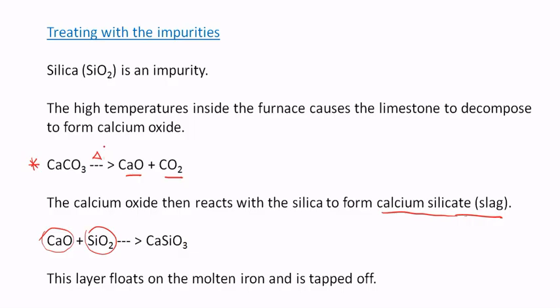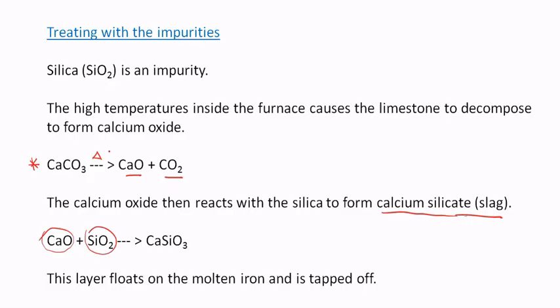So, just to summarize, the position in the activity series is what determines the method of extraction. At the top of the reactivity series, we have the most reactive elements, and they form very stable ores. And therefore, we have to use a strong method of extraction, and therefore, we use electrolysis for those elements. At the bottom of the activity series, these are the least reactive elements, and they usually exist in their free state, for example, gold.